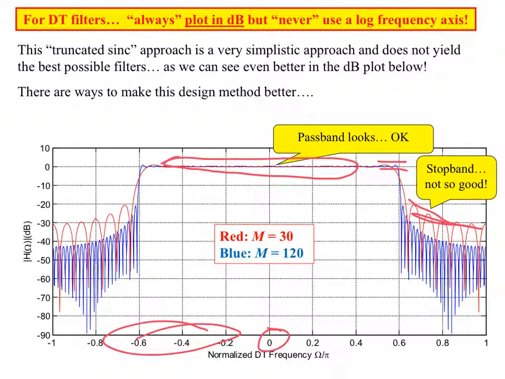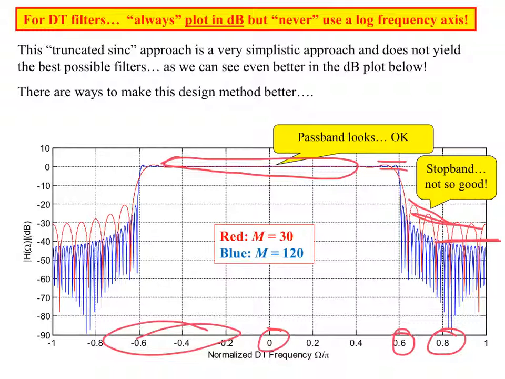That's a horrible stop band, and even for m equal to 120, we're just barely getting down to 40 dB of attenuation by the time we get out to 0.8, and remember our pass band goes out to 0.6. So these are pretty crappy filters, and we need to find a better way to design filters.